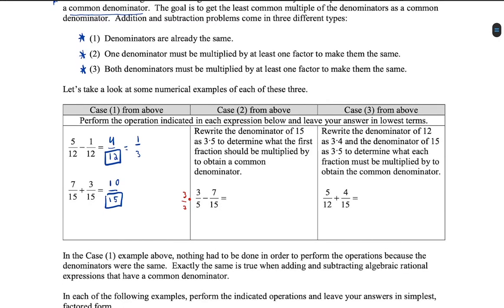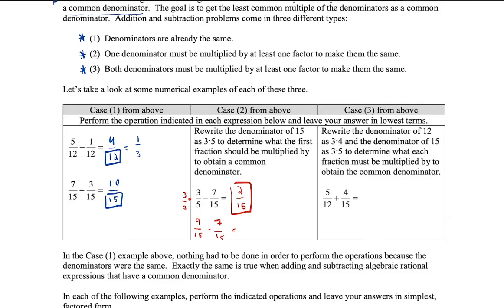We are allowed to do that because 3 divided by 3 is 1. We're just multiplying by 1, and that doesn't change the fraction. So what we have here is 9/15 minus 7/15 to give us a final answer of 2/15. So again, that was the case where we changed one fraction to match denominators with the second.